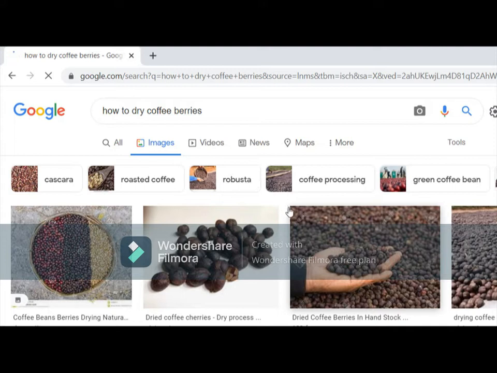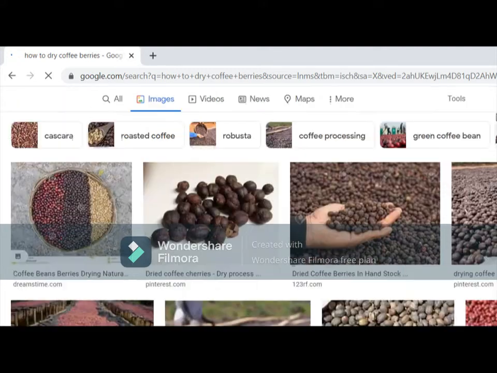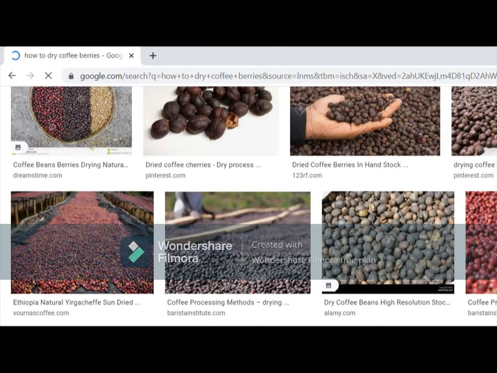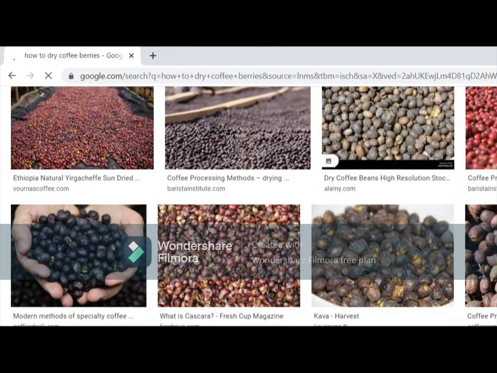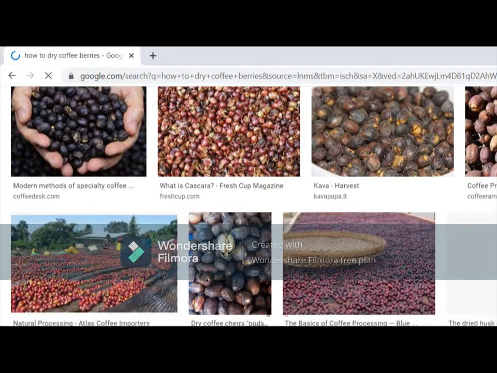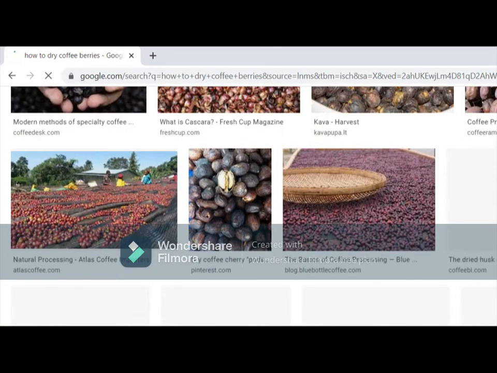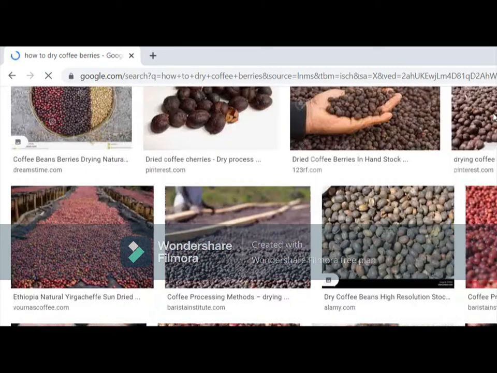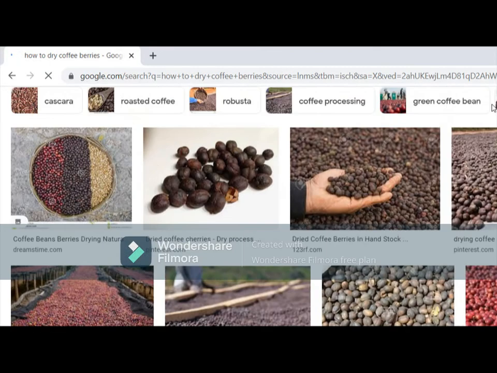Yes, here we are. This is what I meant. This is what must be used. Coffee should be put here. It dries from a mesh. It's not supposed to be put on the ground because the quality is affected.